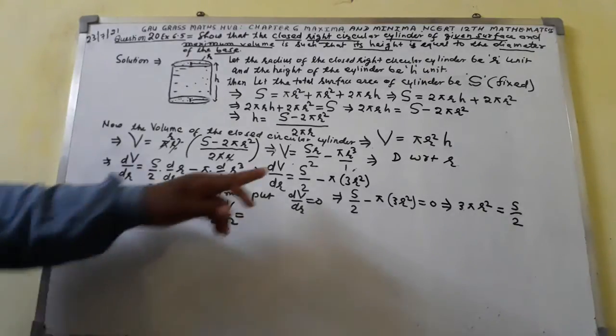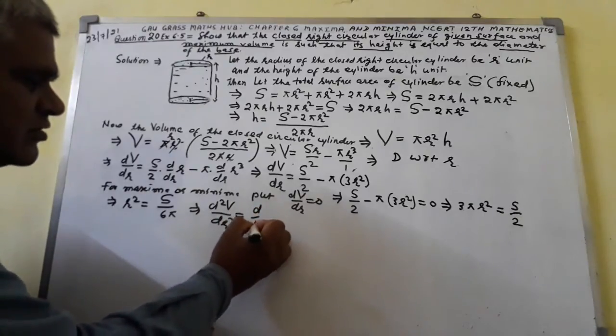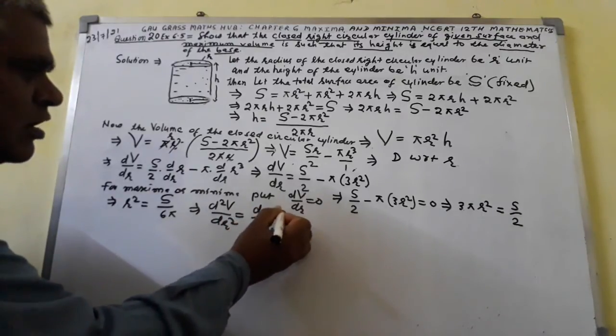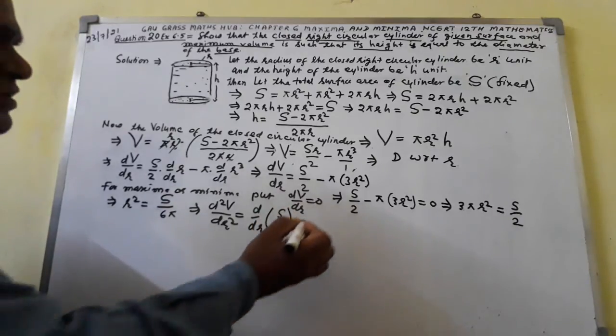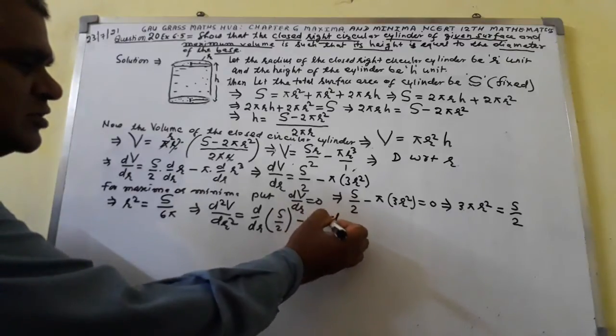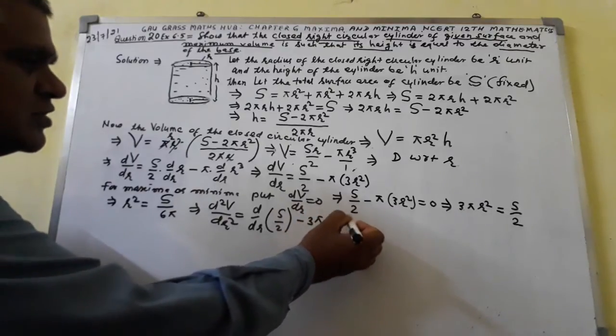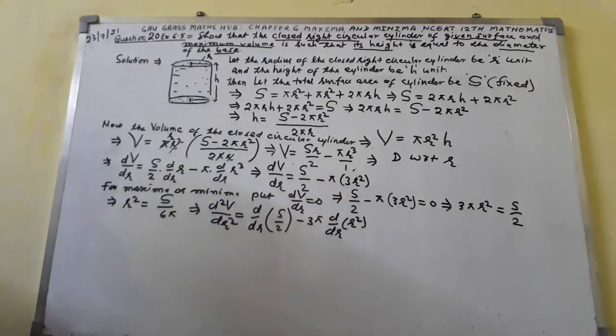So here I shall write d over dr of S by 2 minus 3 pi d over dr of r square. This thing we will get.